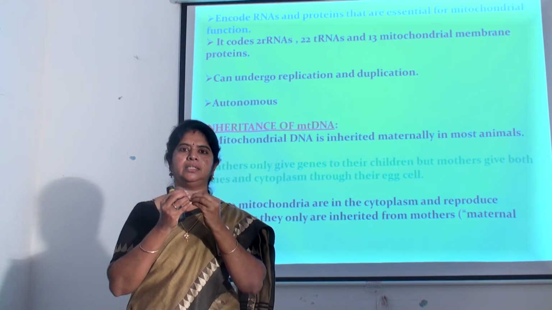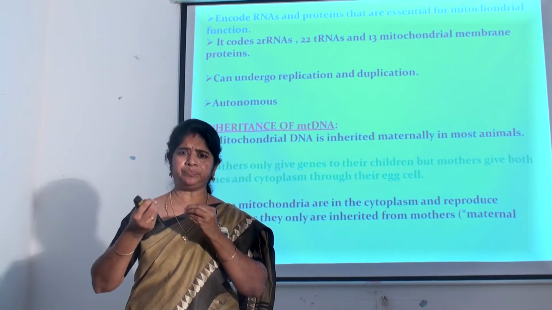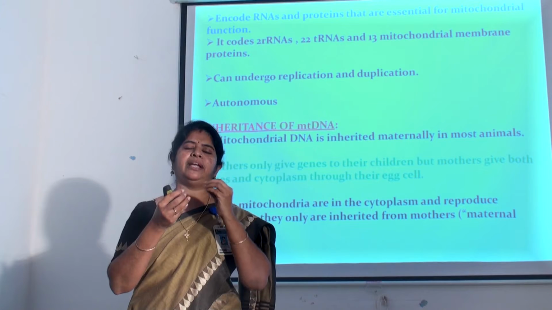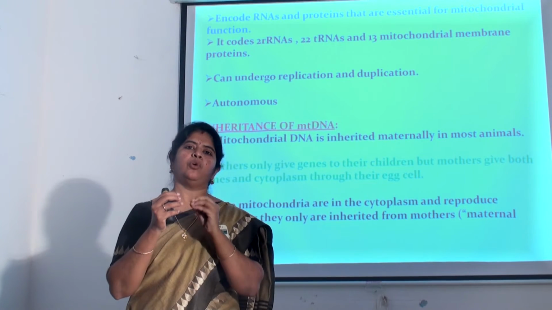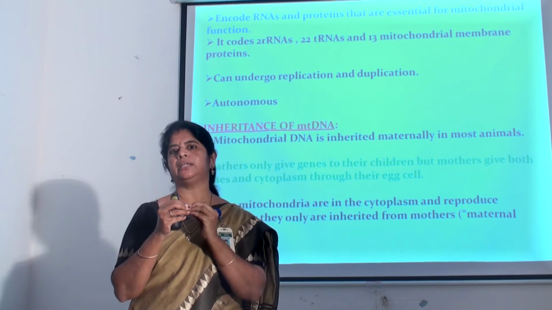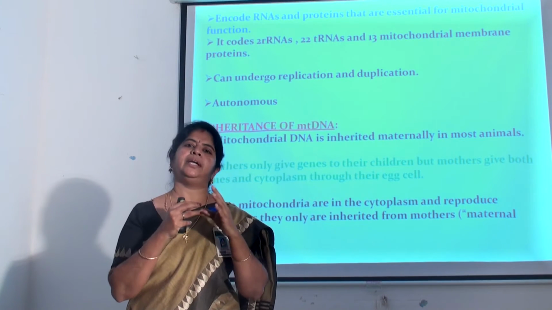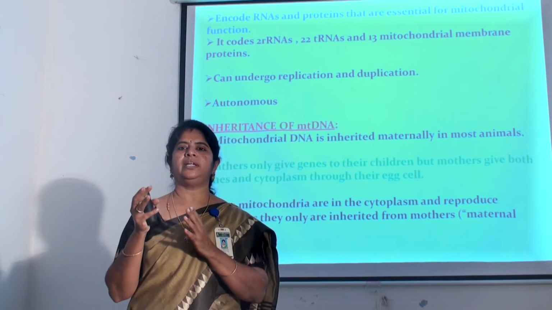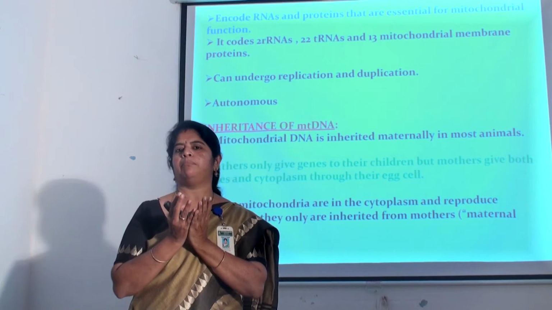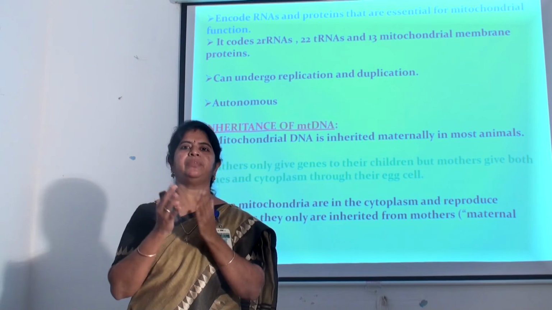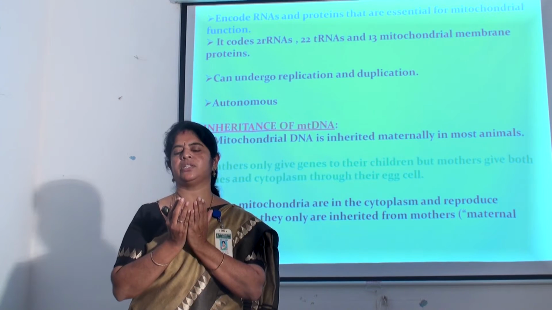When it enters, only the nucleus of the sperm enters into the egg and fuses with the egg nucleus, and the mitochondria may also enter, but it is dissolved. So only the mother's mitochondria are present in the fertilized zygote.